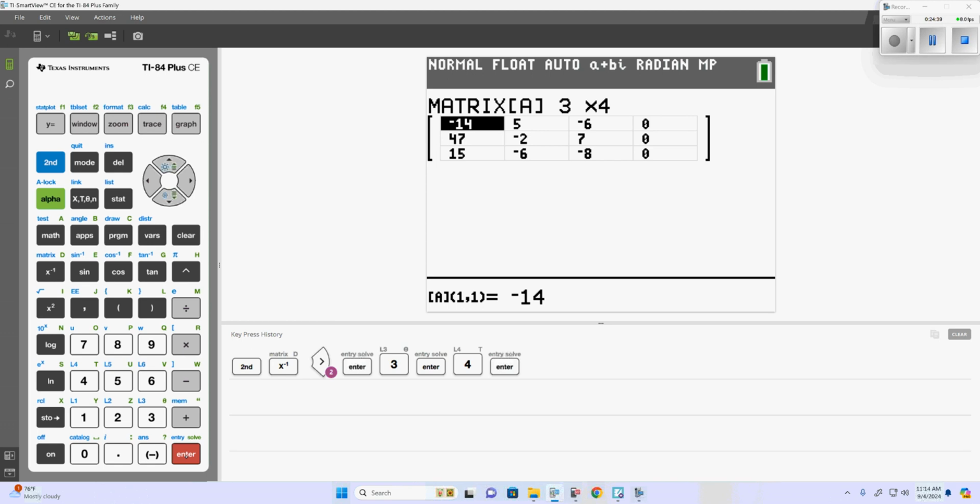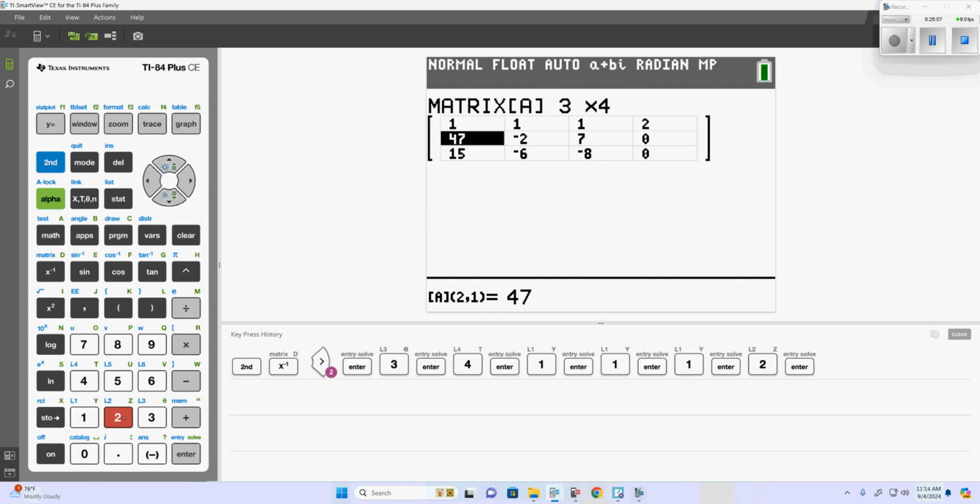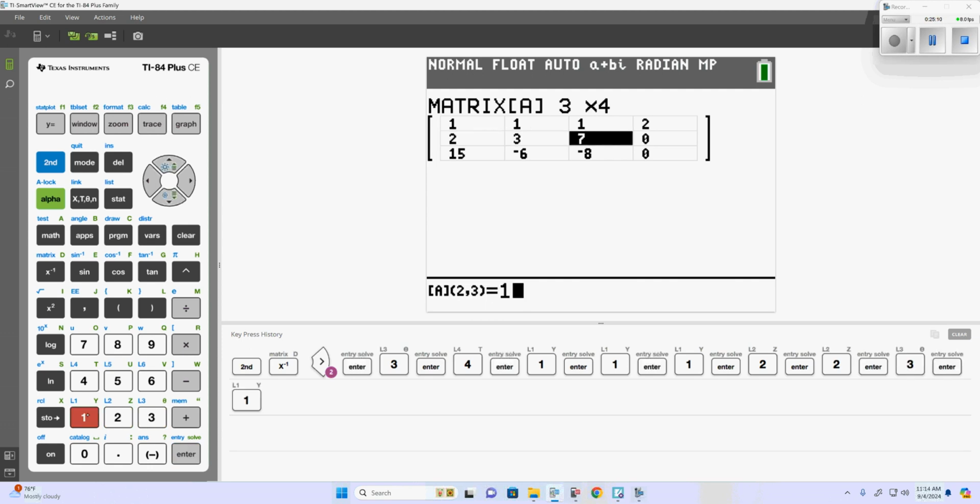Now yours might not fill the whole, it's going to go outside the screen probably. But we do have 3 by 4. It does look similar to one on our paper, yes? So the one we wrote down on our paper, fill it in. So, and that's part of the reason I got this here. So we have 1, 1, 1, 2. 2, 3, 1, 1, -1.